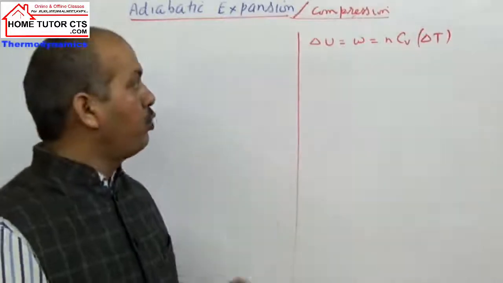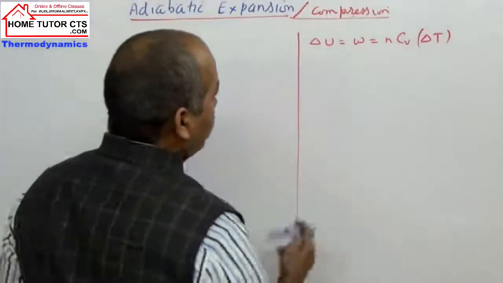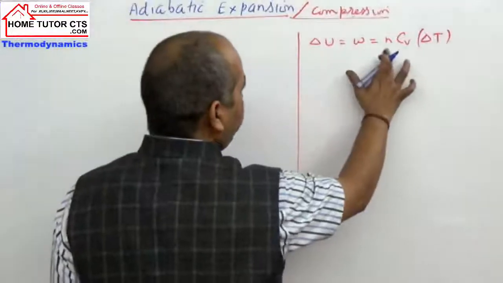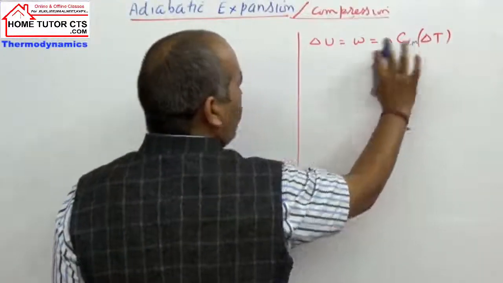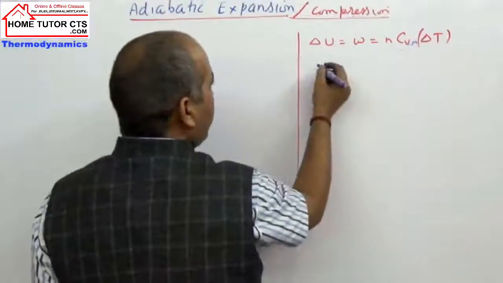Equation we can write in one more form. Delta U is work done taken, Q was already 0, is n CV (T2 minus T1), n also molar heat capacity at constant volume.